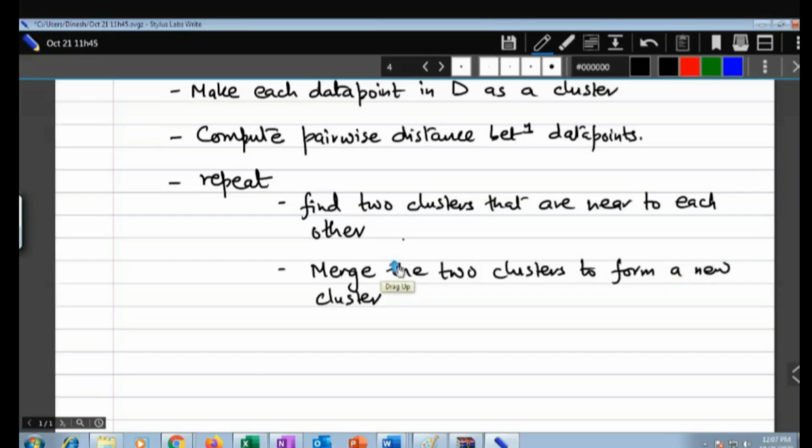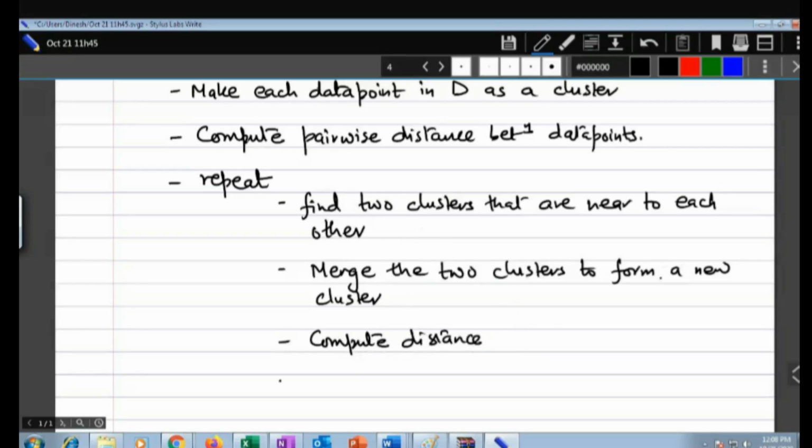So if you find A and B as two clusters near to each other, you merge A and B together to make A, B, a merged cluster. And then again you compute distance.